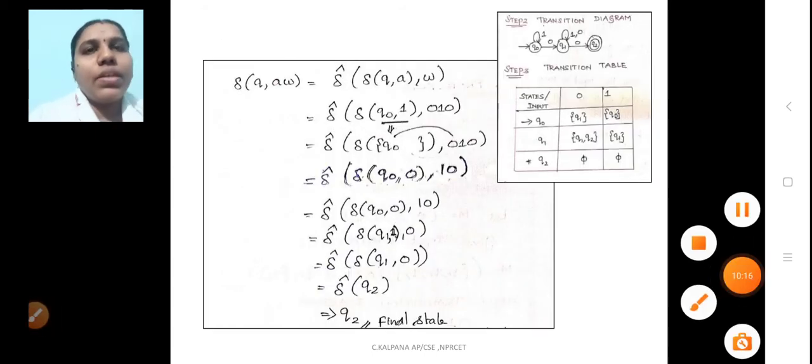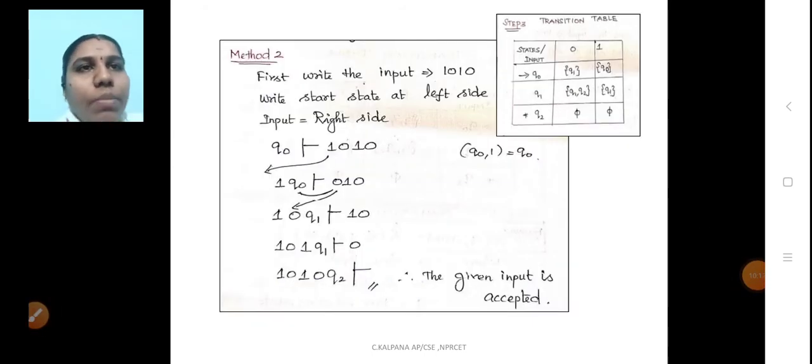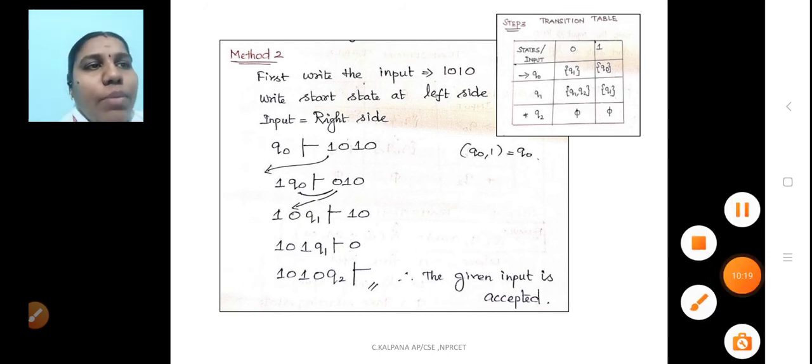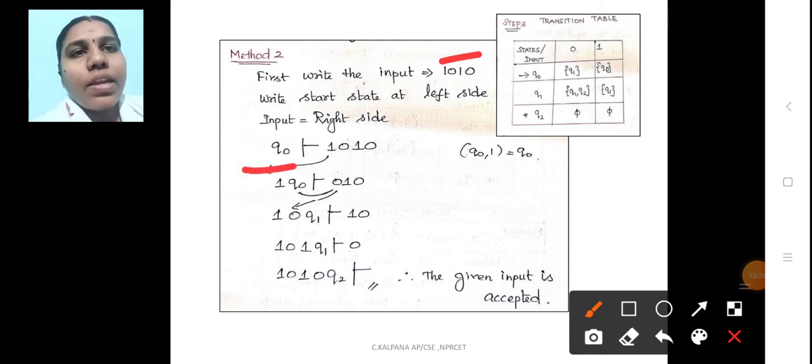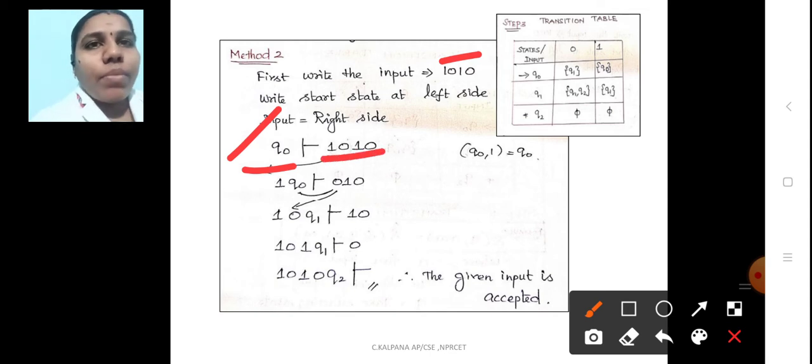The second method is a very simple method. First write the input 1010 and start the states from the left hand side. Write the starting state Q0 on the left hand side and the remaining input on the right hand side. First check Q0 on 1. The answer is Q0.